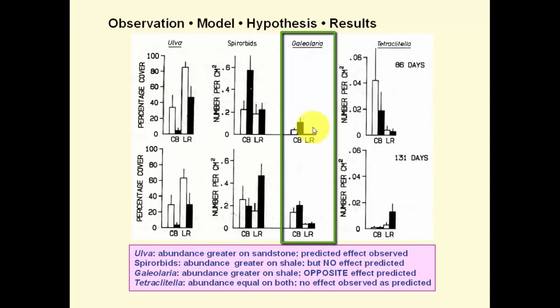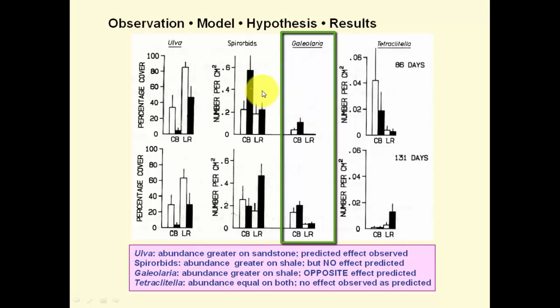So if you go to the third line, you'll see there was an effect, but it was opposite to the effect I predicted. Oh, so that particular prediction and that particular model gets a big cross. Something was going on, but it was way wrong compared to what I was thinking was going on.